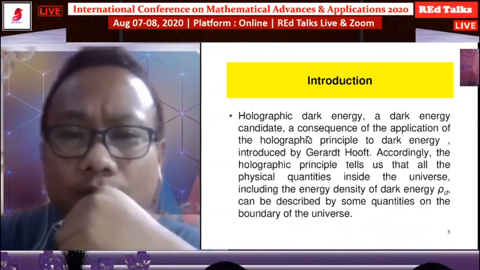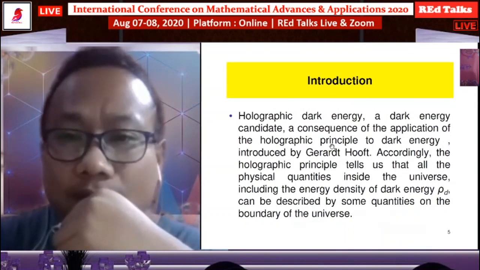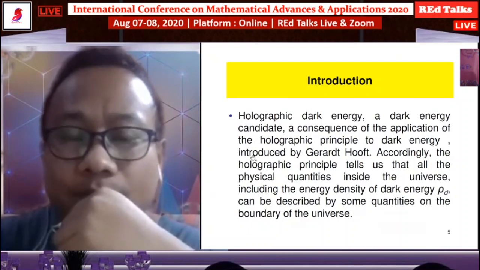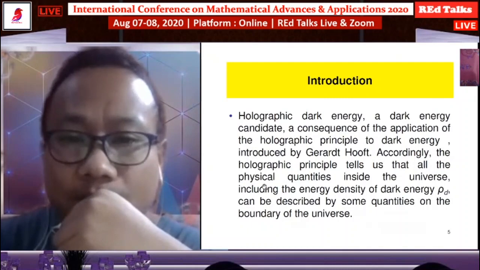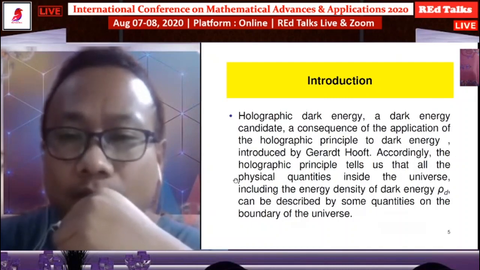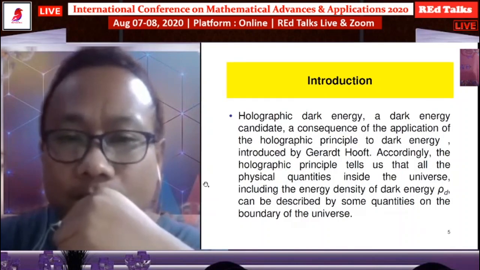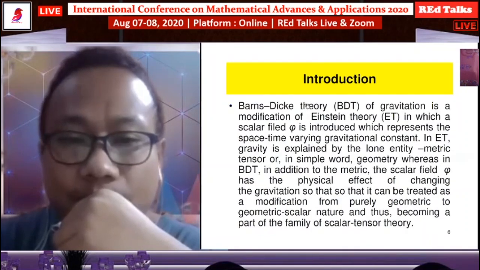First, holographic dark energy is a type of dark energy which is a consequence of the application of the holographic principle to dark energy, and it was introduced by Gerard 't Hooft. Accordingly, the holographic principle tells us that all the physical quantities inside the universe, including the energy density of the dark energy, can be described by some quantities on the boundary of the universe.